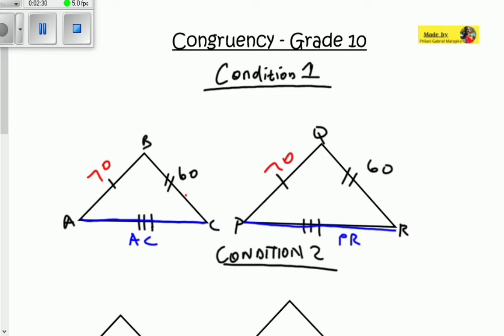So if we are able to prove that side AB is equal to side PQ, and then if you're able to prove again that BC is equal to QR, and then if you're able to prove that AC is equal to PR, then you have a right to say that the triangles are congruent to each other, or they are equal to each other.